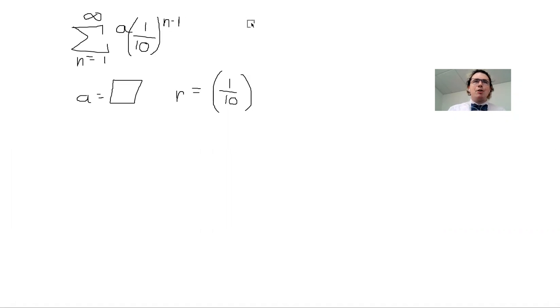So my partial sums, I need to calculate, if I wasn't going to use my geometric series formula, I would need to calculate what is my Sn.